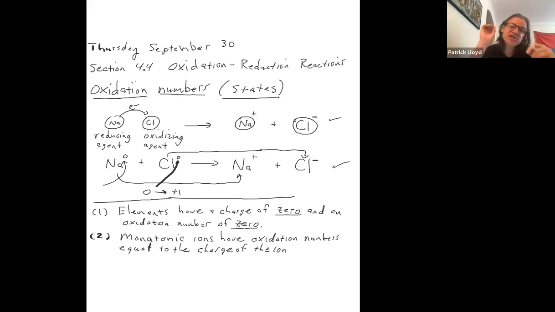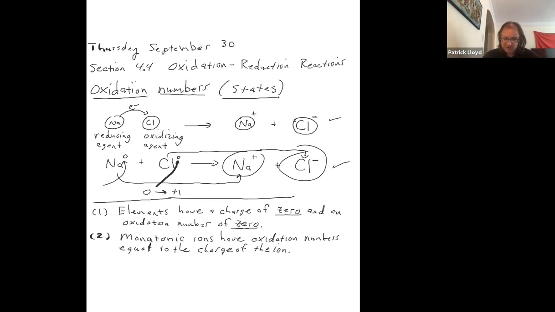So you can see here, we are really trying to relate oxidation numbers to charge. Anytime we can get away with it, we're going to make the charge equal to the oxidation number. We'll see in a little bit that you can't always do that, and we have to play some tricks, but we're going to try to make the charge equal to the oxidation number. So an example of that would be these two over here. Those are monatomic ions. A monatomic ion is an ion that has only one atom.